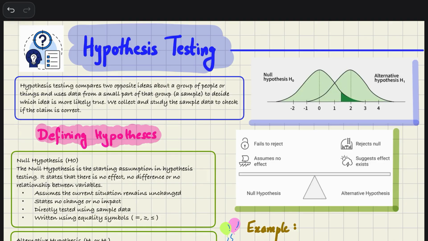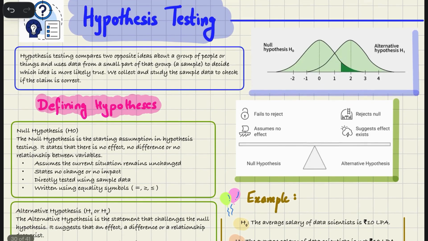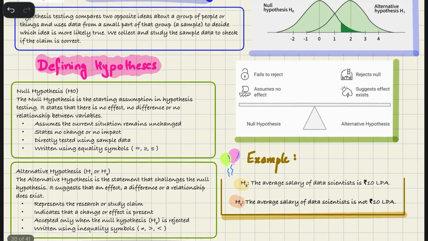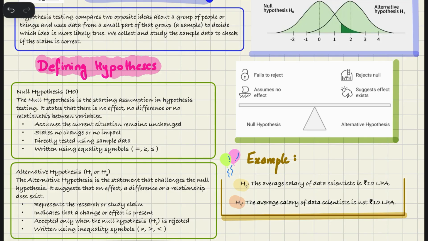Every statistical test begins by setting up two opposing statements, that is the hypotheses. First we have the null hypothesis, which is mostly denoted by H0, and second, the alternative hypothesis. What does the null hypothesis mean? Think of this as the status quo, the baseline, the innocent bystander.